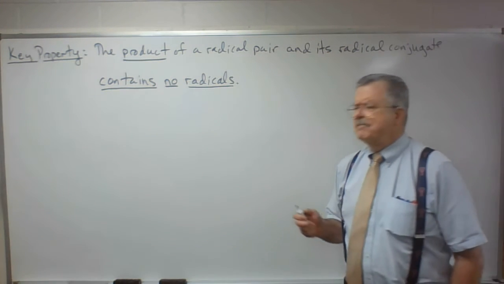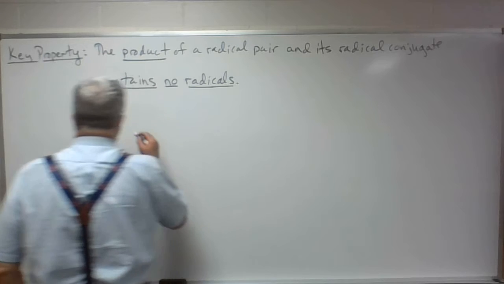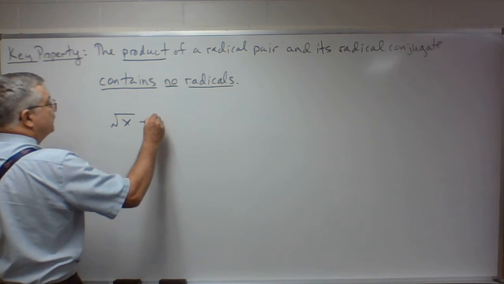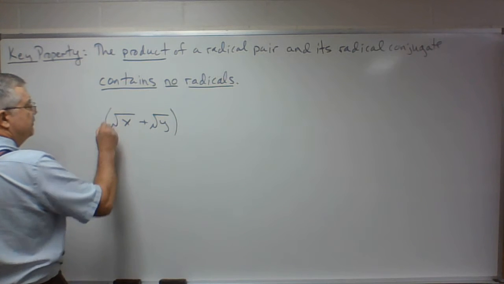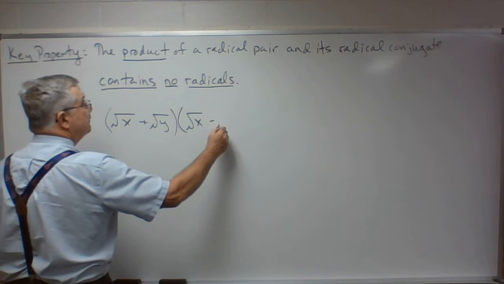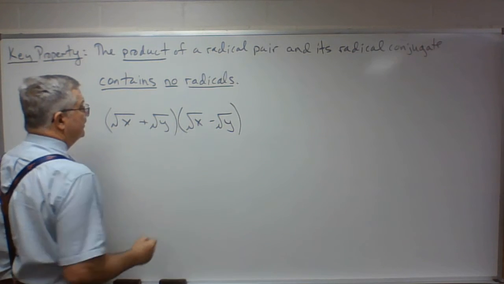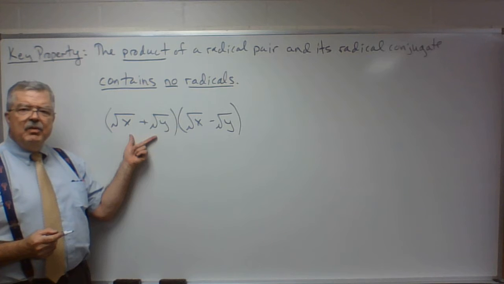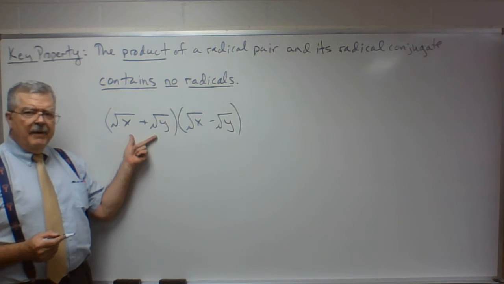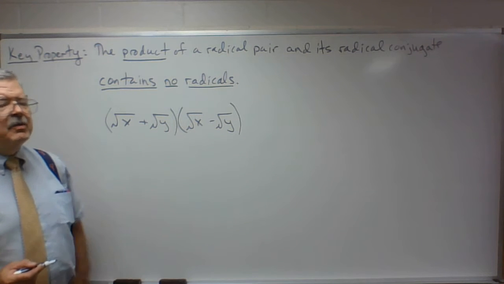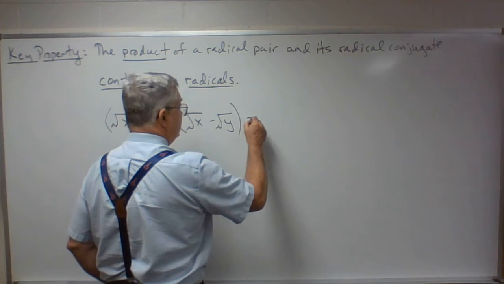Well, let's try it. Let's take a radical pair, square root of x plus square root of y, and multiply by its conjugate. And you know what? We've seen this before. We may not think we have, but we have.